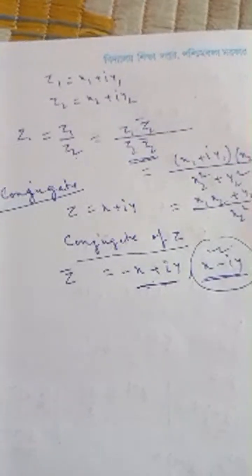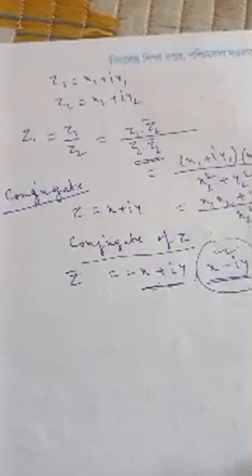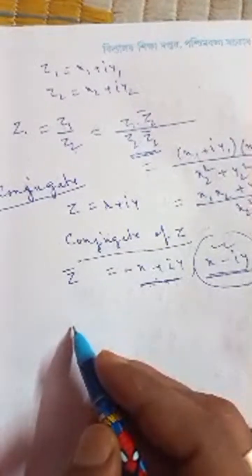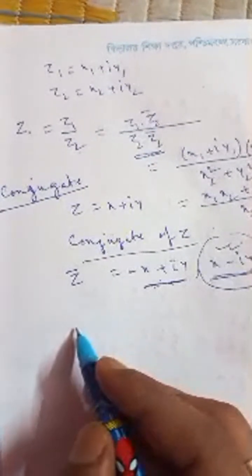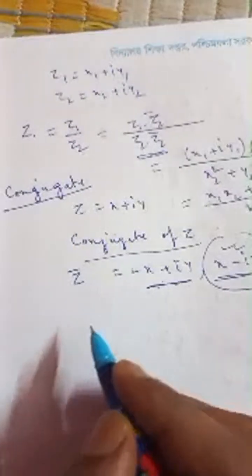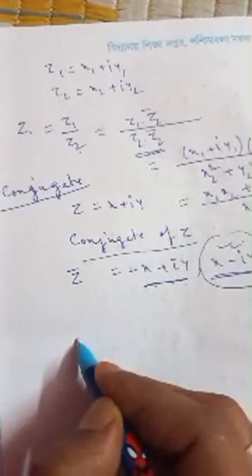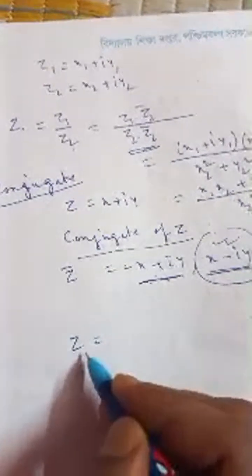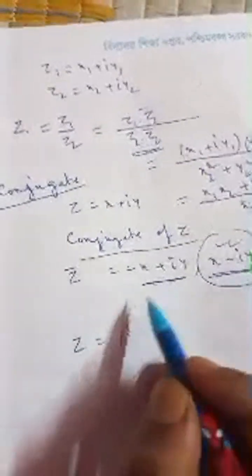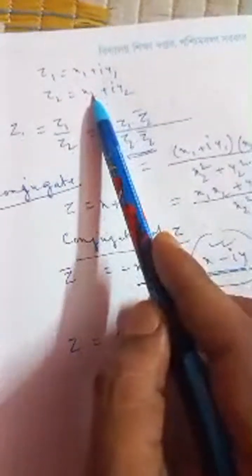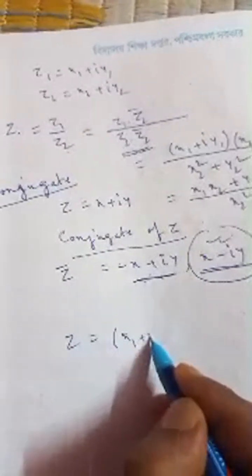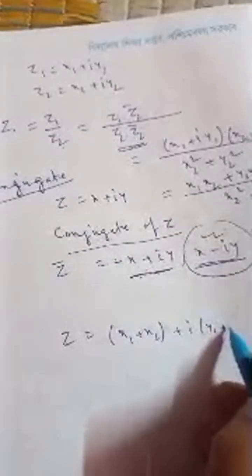Now we also get the modulus after addition of two complex numbers. If z is what we get after addition of two complex numbers z1 and z2, this will be x1 plus x2 plus iota times y1 plus y2.